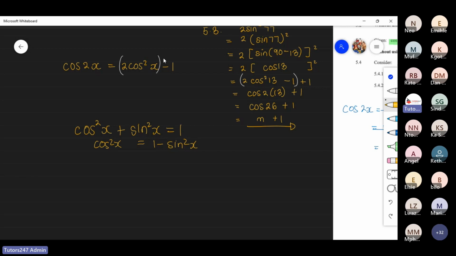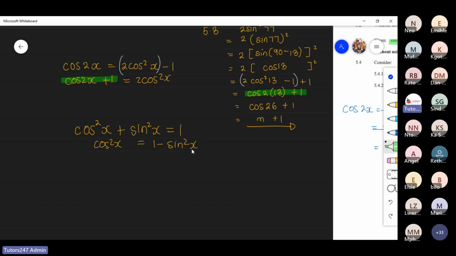If I move this -1 to the other side, it now becomes cos 2x plus 1 equals 2 cos squared x. Now, if you notice, that's exactly what I have. So cos 2x plus 1, do I not have cos 2x plus 1? I just did it in a different way. I just introduced 0. That's one method. It's not the only method.